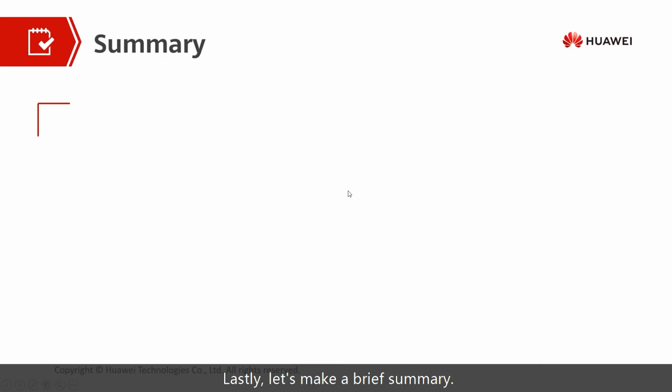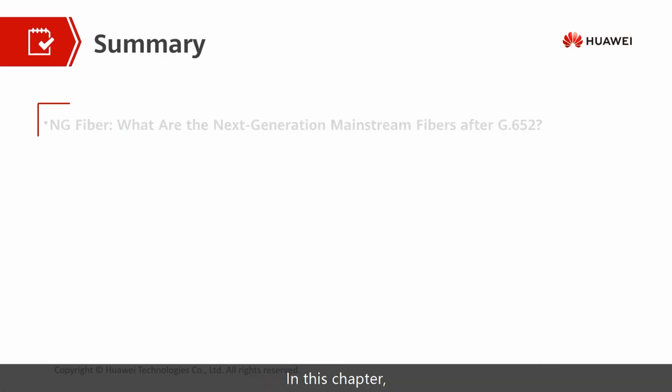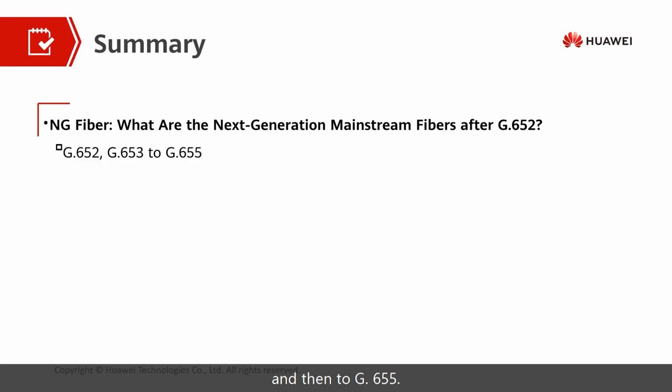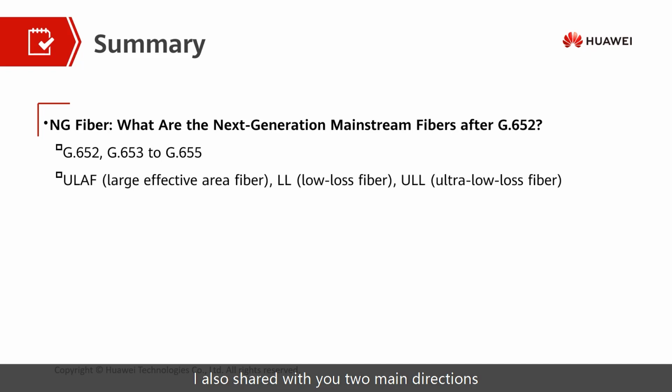Lastly, let's make a brief summary. In this chapter, we discussed the history of optical fiber in optical communication from G.652 to G.653 and then to G.655. I also shared with you two main directions of the current fiber research.